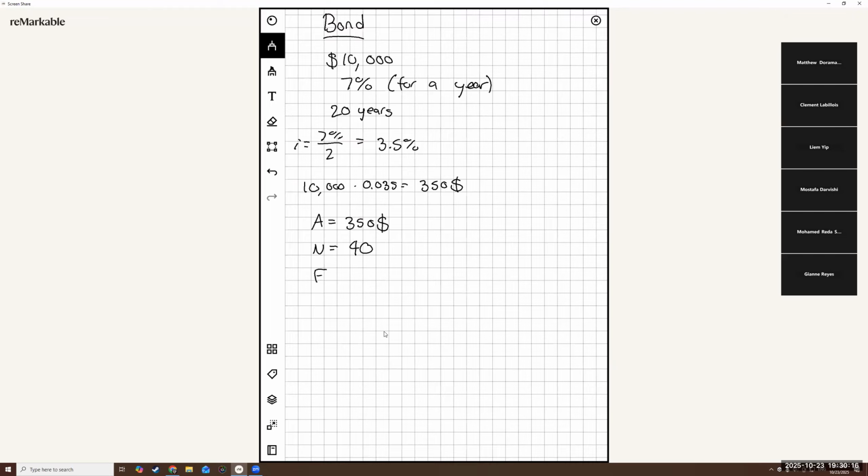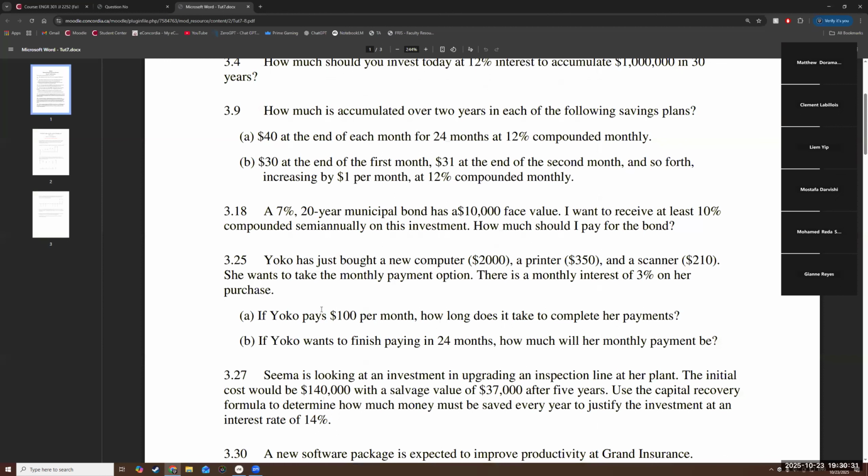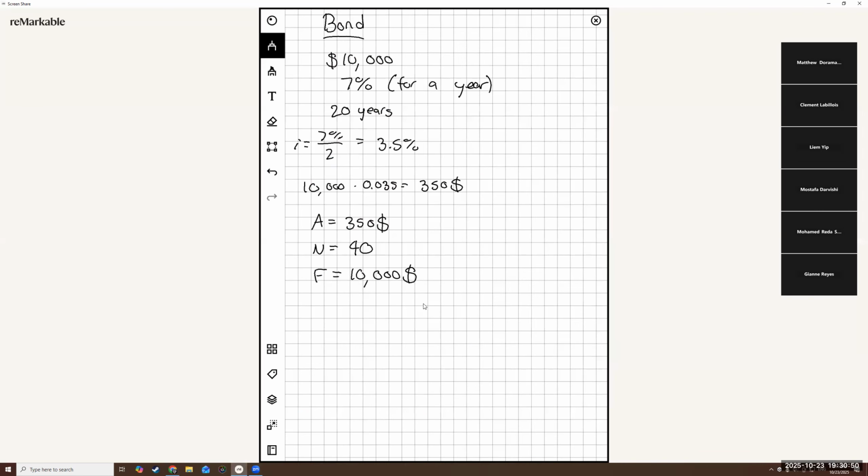So that's a future value. 20 years into the future, you have $10,000. These are the terms of the bond. Now, it is saying, I want to receive at least 10% on this investment. How much should I pay for the bond? Which basically just asks us, what is the present value of this bond at an interest of 10%?